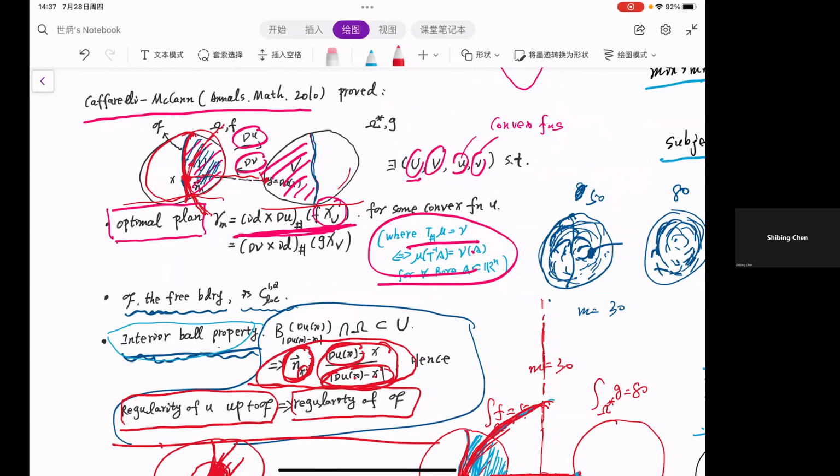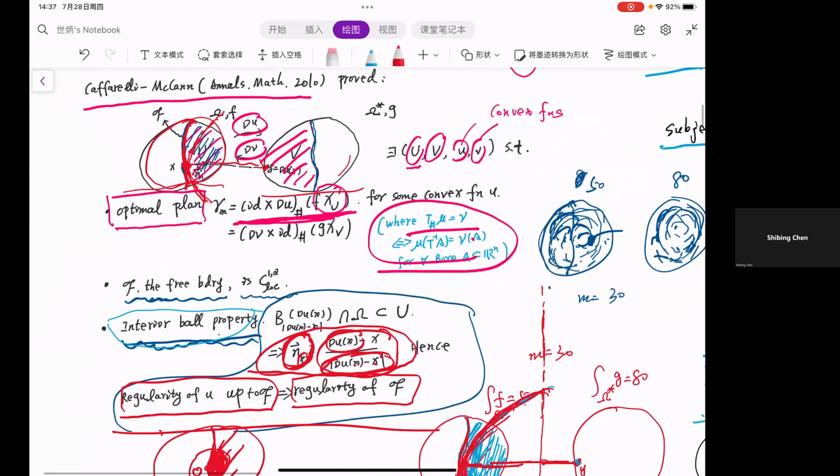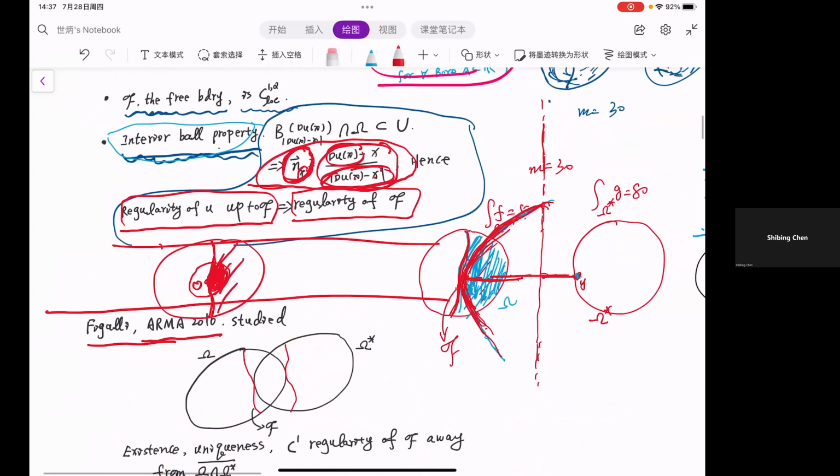So Alessio Figalli studied a more general case. He studied the situation when the two domains may have overlap. For example, you have two domains, omega and omega star, but they have some overlapping part. And then he also proved the existence and the uniqueness of solutions to this problem.